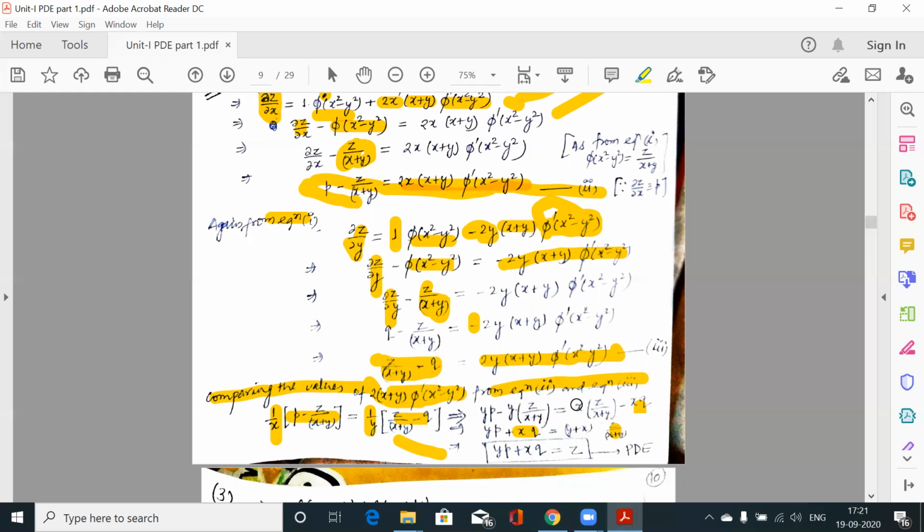If it goes on this side, that would be plus y. So y plus x from here. So x plus y will be cancelled by this y plus x. So we get yp plus xq is equal to z. So this is our PDE. Again, we were able to eliminate the function from the first order derivative. So this answer is unique.